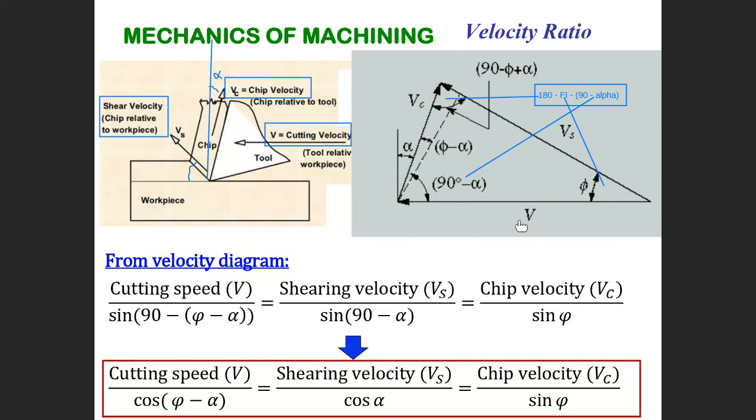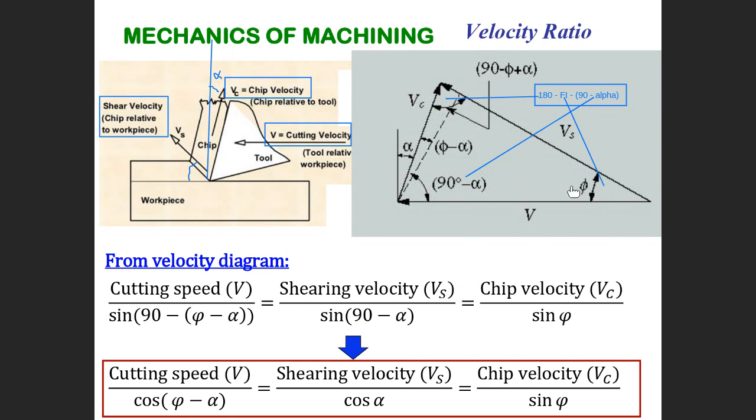Then V divided by sine of 90 minus phi plus alpha is equal to Vs divided by sine 90 minus alpha, equal to Vc divided by sine phi.